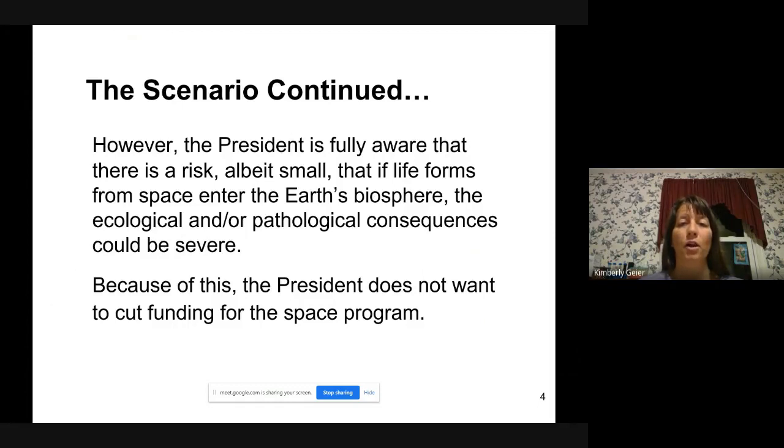A meteor strikes the Earth, and there is actually a disease carrying microbe on this from space, and it ends up killing people. I won't tell you the whole story in case you ever want to read it, but that is one of the ideas as well. So this is a possibility, and because of this, as well as many other reasons, that's a reason not to cut funding for the space program.